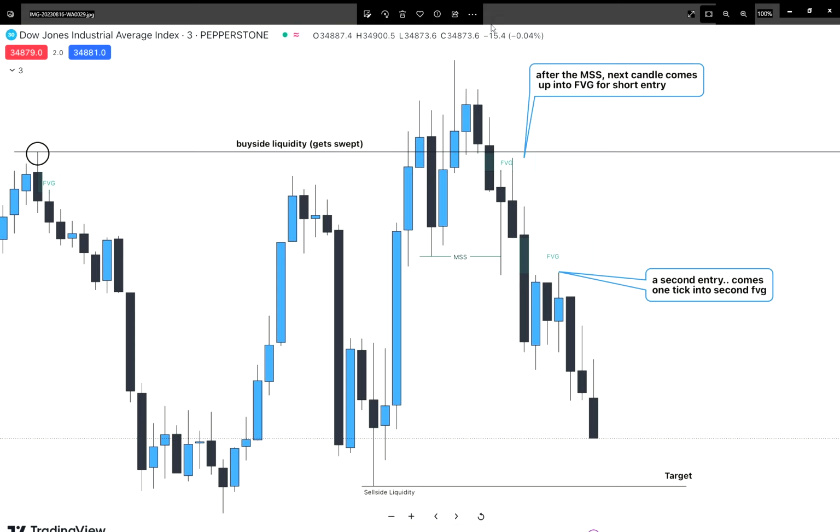So if they short the top, they get stopped out. If they try to go long for a breakout, they may get stopped out as well. So that's what he talks about.